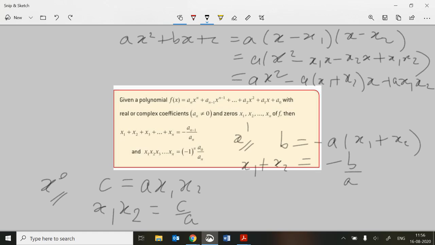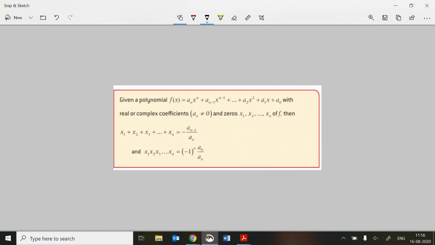Okay, well, I'm going to continue this with a cubic, and then I'm going to show you the general case. The general case is actually pretty straightforward to work out, but we're going to do it through the cubic to start off with. So same thing again, start off with the cubic. Any cubic is going to be ax cubed plus bx squared plus cx plus d.